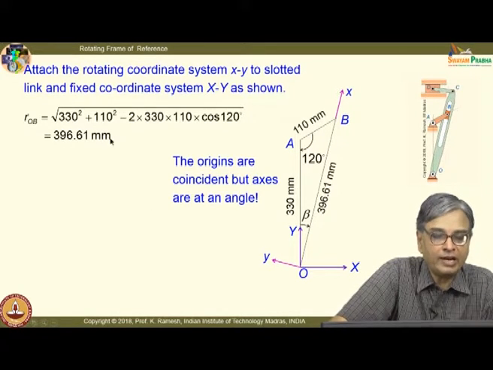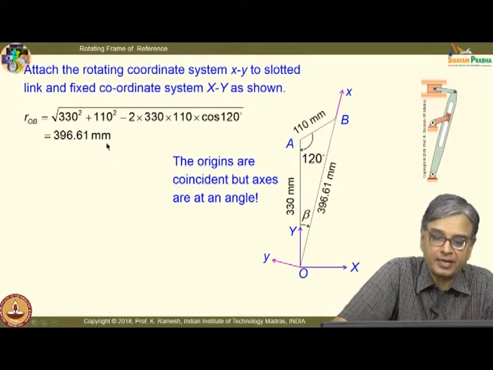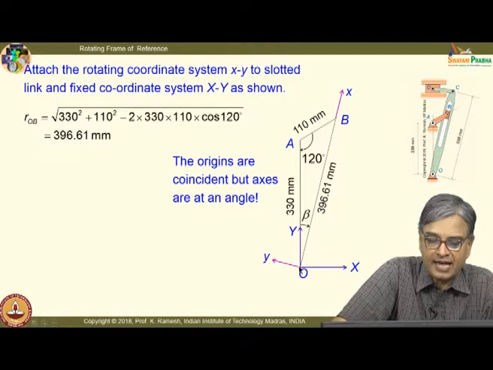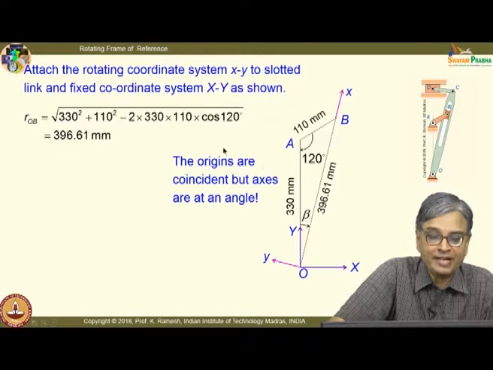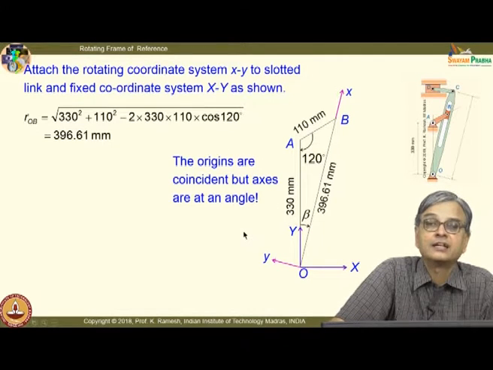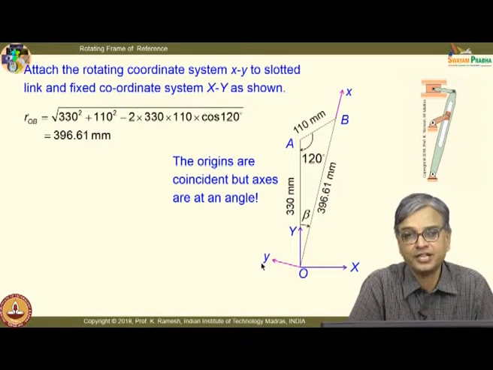Then you have to calculate some of these quantities using geometry. So, I can find out ROB as 396.61 millimeter, and here what you have is, I have the axis like this, but the rotating axis they are not aligned. So, you have to be careful in handling the capital I and capital J and small i and small j.